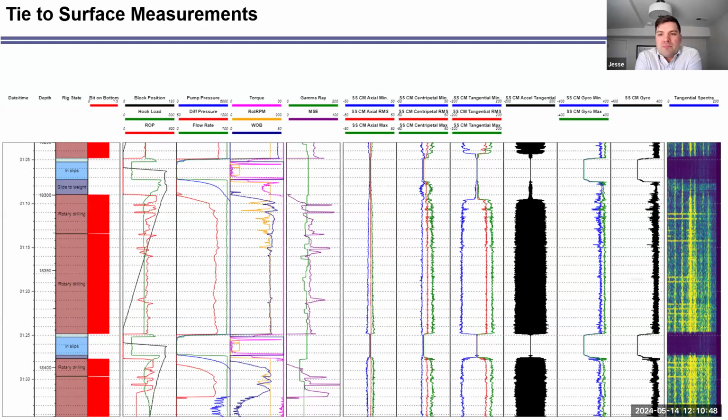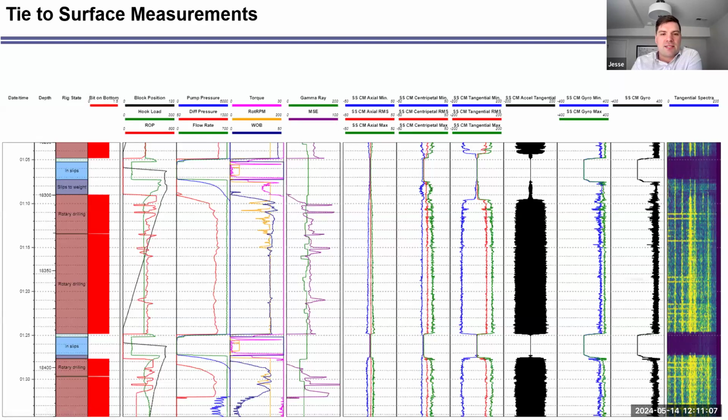But of course, that's not super interesting, not tying any of the measurements to your actual downhole environment. So the next step is to actually take those high frequency measurements and tie them to your surface EDR measurements. So here's an example where if you look about midway through this track, you start to see the high frequency measurements.